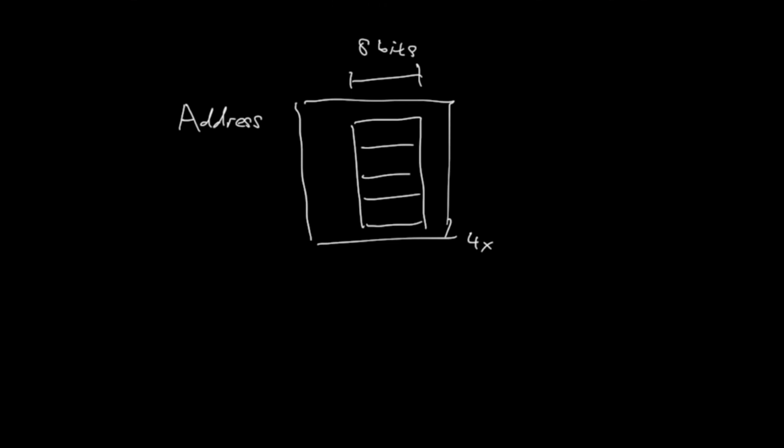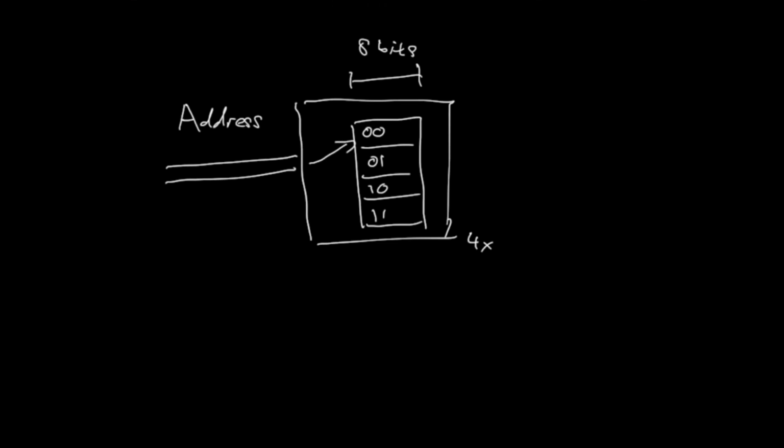So we'd need a 2-bit address to give us 4 separate values in the address so that we can access any one of those 4 items. So we'd have our 2 address lines coming in, and that way this one would be at address 00, 01, 10, and 11, which would allow us to access the relevant data that's in those.